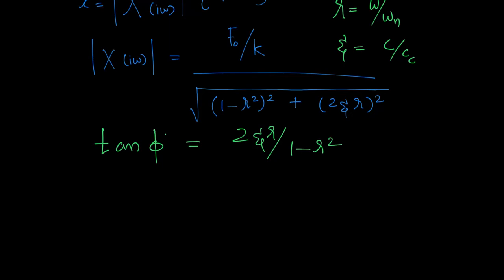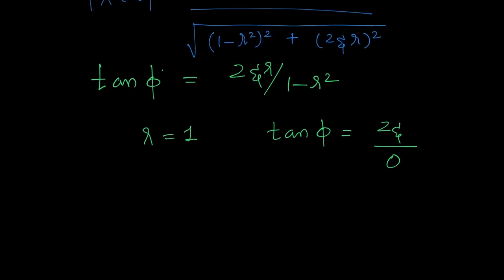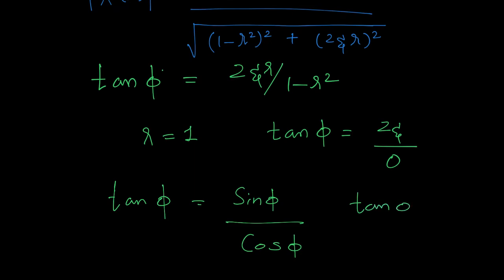Okay, now they are saying it is at resonance. That means your r value is 1. That means tan phi will be assuming a value 2 zeta by 0, something like this. So you know that tan phi is defined like sin phi by cos phi. So if you take tan 90, then we will arrive at something like 1 by 0.